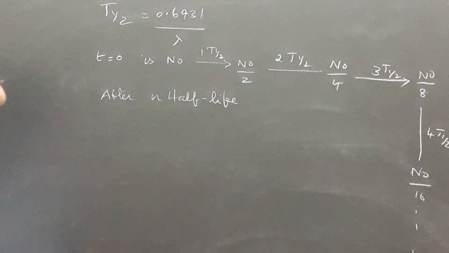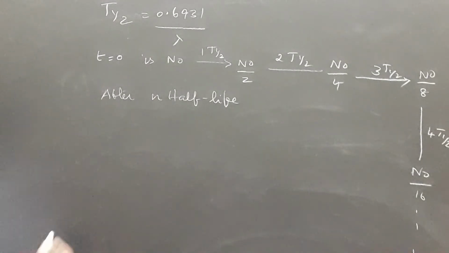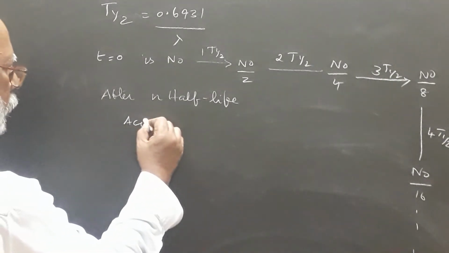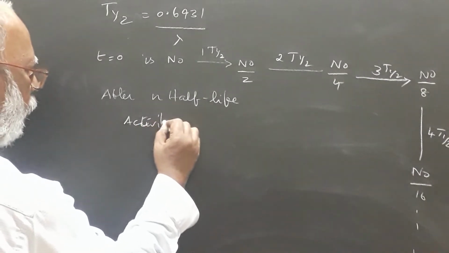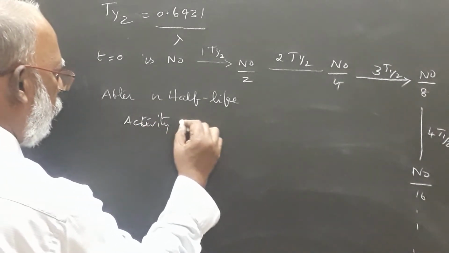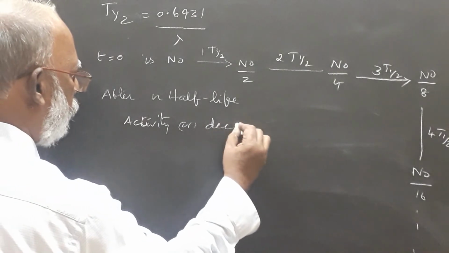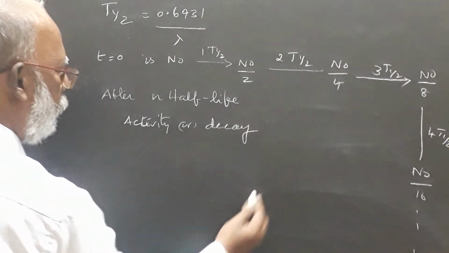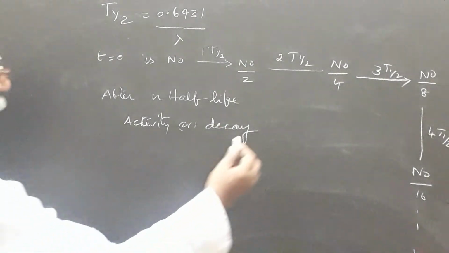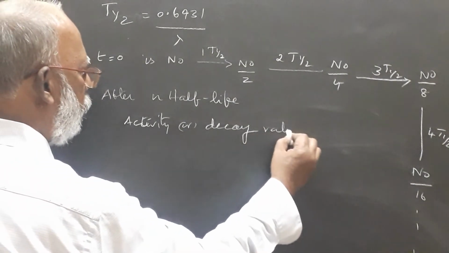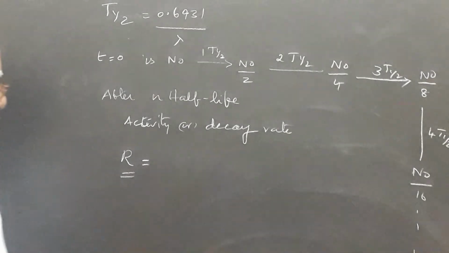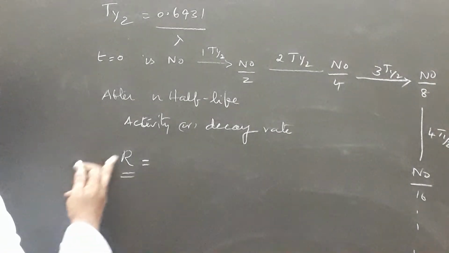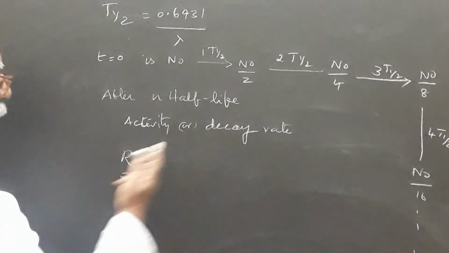What is the equation of activity? Activity or decay rate, which is given by the equation R. We already studied that activity is called R, or decay rate.